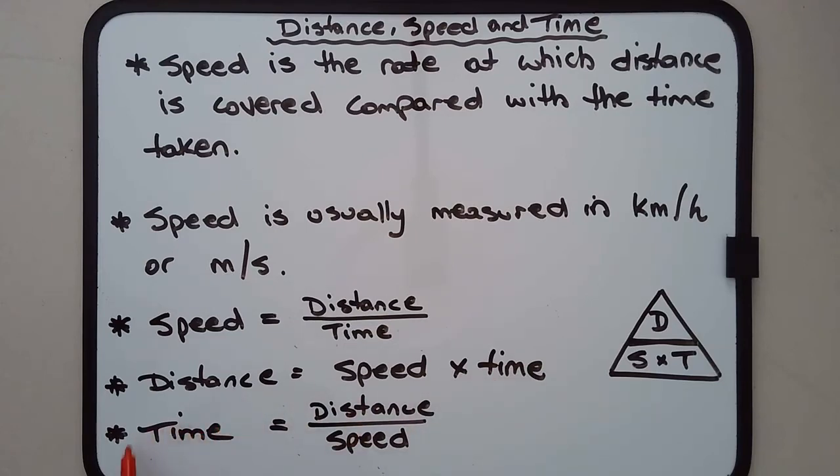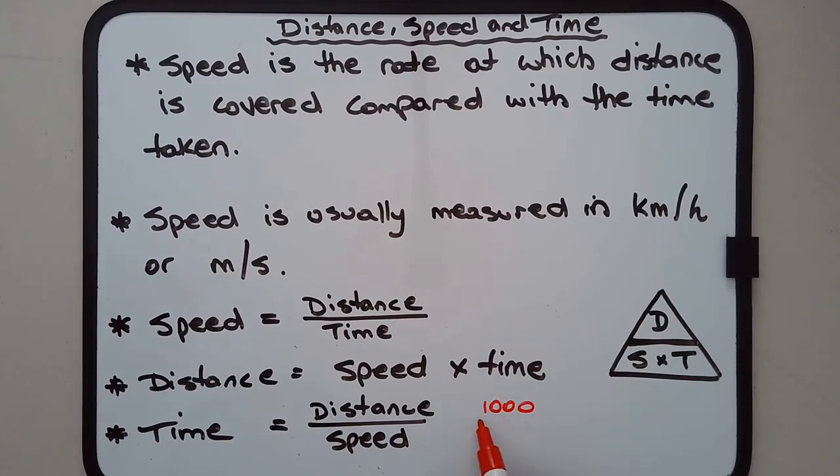Finally, if we want to work out how much time has been taken for that object to travel, you'd need the speed. You'd need the distance that the object's covered, like say a car. So, the total distance of the car divided by the speed at which it was traveling. For example, let's say the car covered 1,000 kilometers.